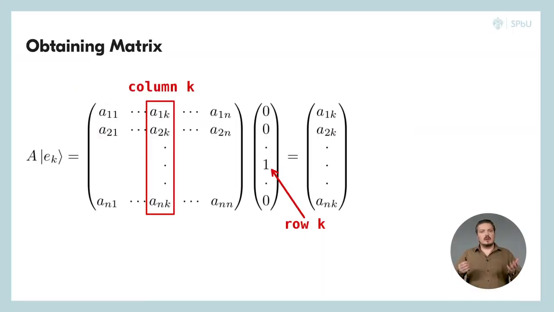This gives us a very simple method for obtaining the matrix representation of any linear operator. If we know how an operator acts on this particular basis, then we can construct the matrix column by column by sequentially applying it to these basis vectors.